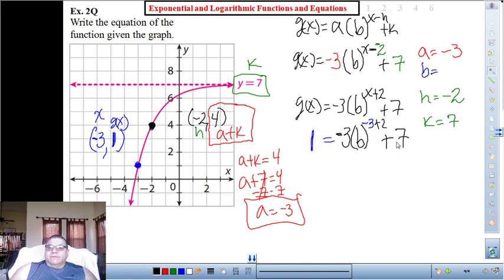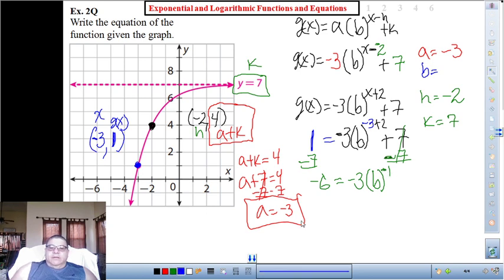Alright, let's solve for b. So we subtract 7 from each side. Let me change colors for that. Subtract 7, subtract 7. We end up with negative 6 equals negative 3 times b to the negative 1 power, because negative 3 plus 2 is negative 1.